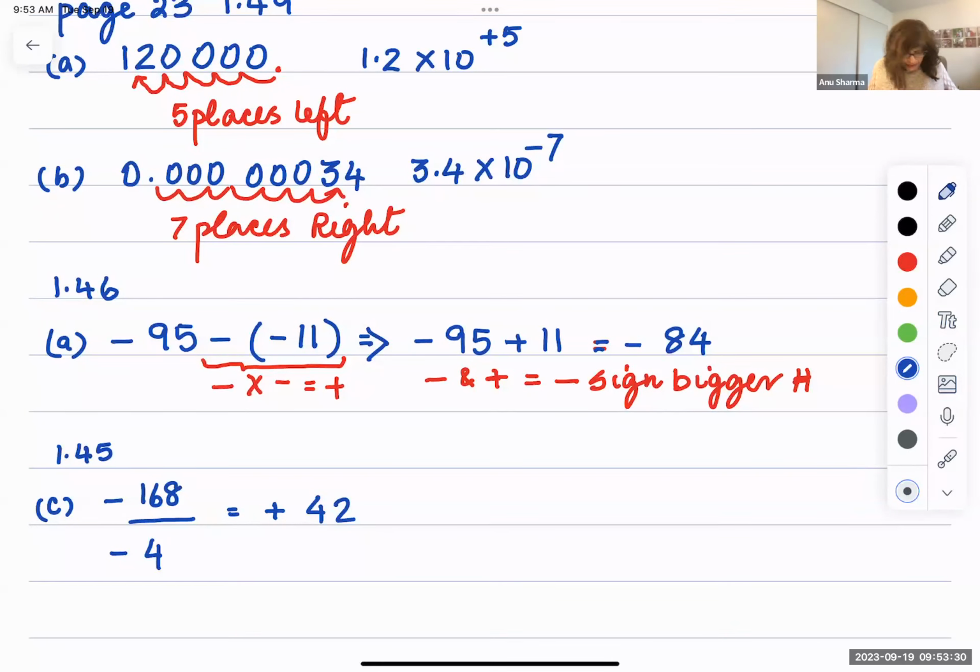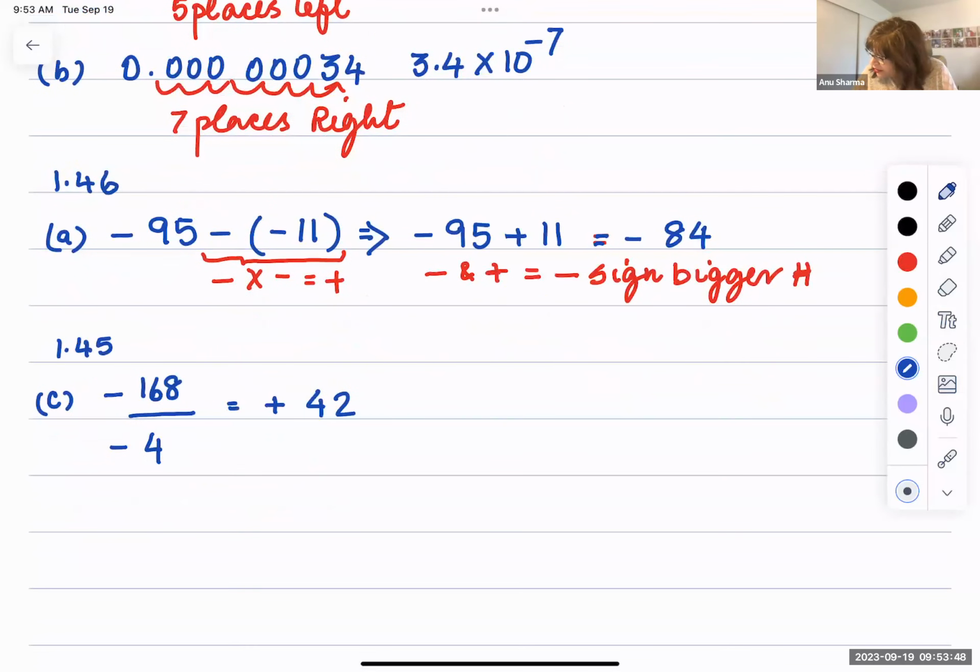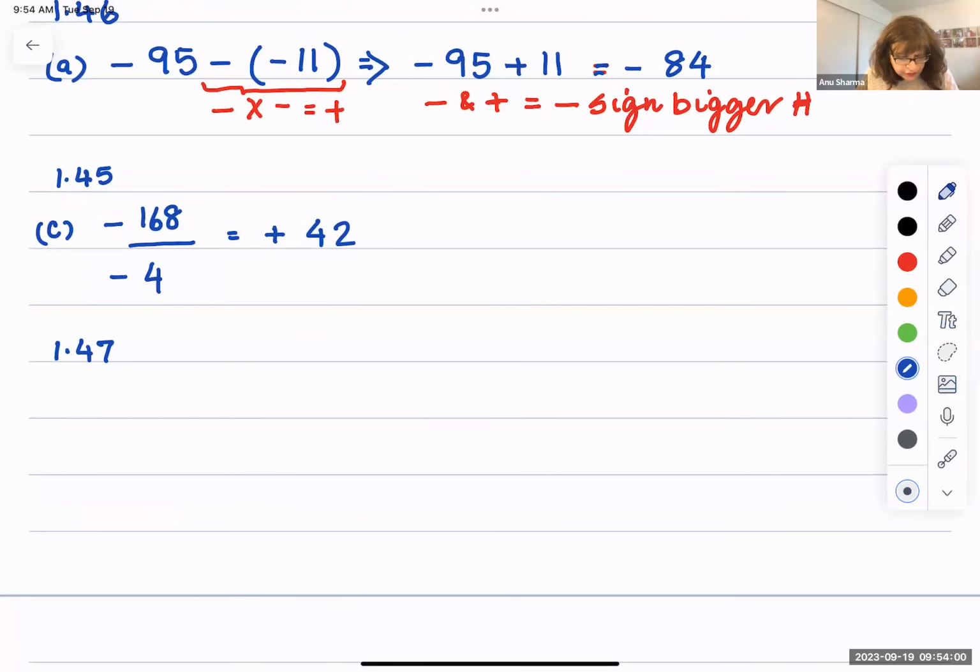Next, let's see if you can do some of these. Let's do this one, 1.47. This is a parts to whole problem. A bag of gumdrops contains 16 orange gumdrops.